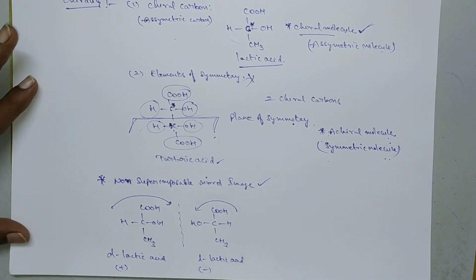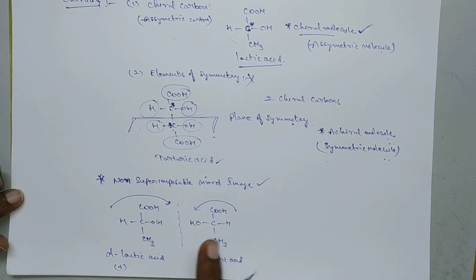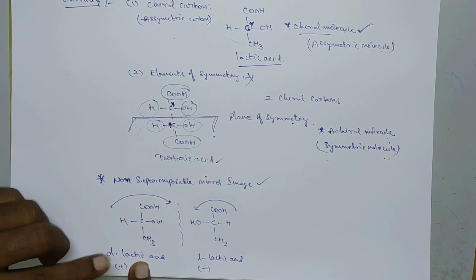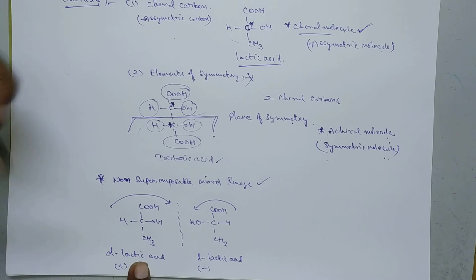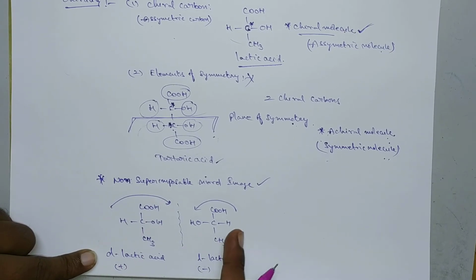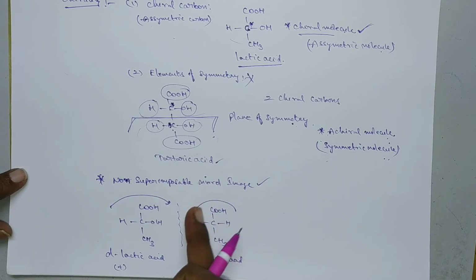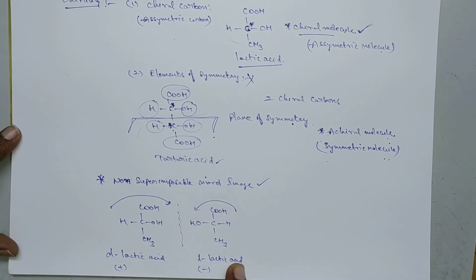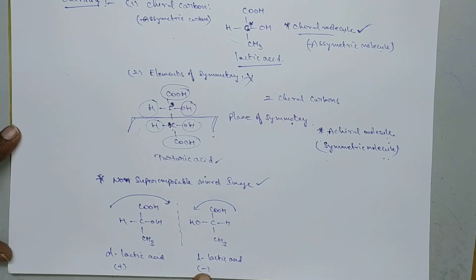Okay, clear? So these two have the same molecular formula but different rotation of plane polarized light. This molecule rotates the plane of the polarized light clockwise. That's why it is called the dextro molecule. And this molecule rotates the plane of the polarized light towards the left or anti-clockwise direction. So that's why it is called L-lactic acid, represented by minus.